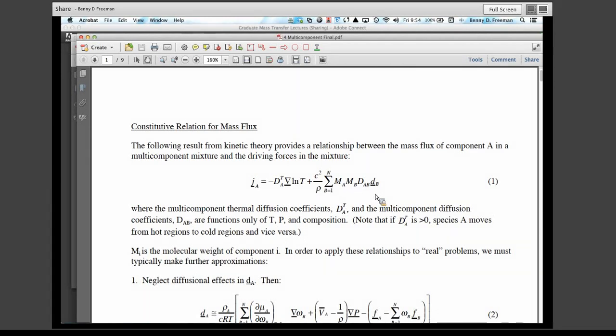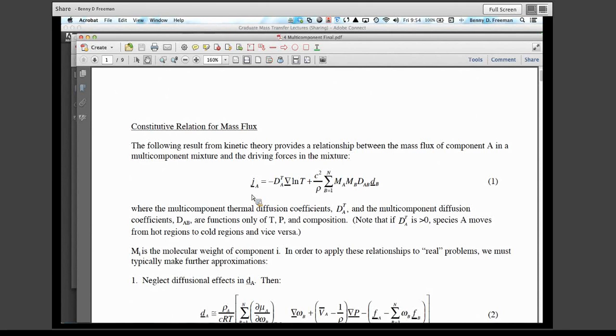And this generalized driving force essentially is related to the gradient in chemical potential in a mixture, and it recognizes that it is the gradient in chemical potential that drives mass transfer.